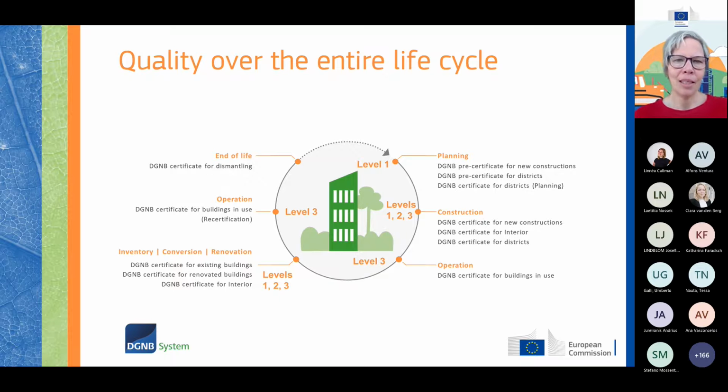For example, Level 3, the one focusing on operation, has been integrated into the DGNB scheme for buildings in use, and Levels 1 and 2 have rather been implemented in the new construction and renovation scheme.